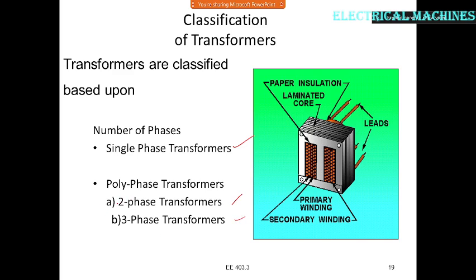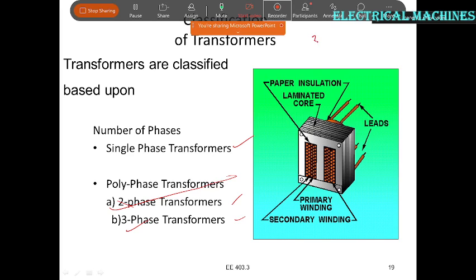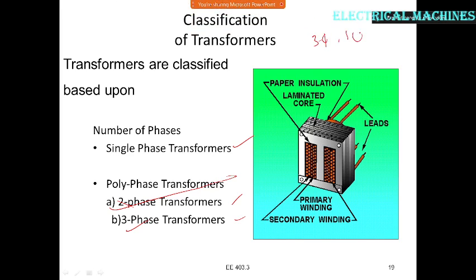Nowadays we are not using the two phase transformer, we are using only three phase and single phase. In olden days we used the two phase system, but in the present era we use only three phase and single phase transformers.